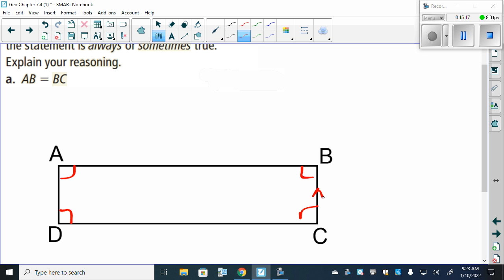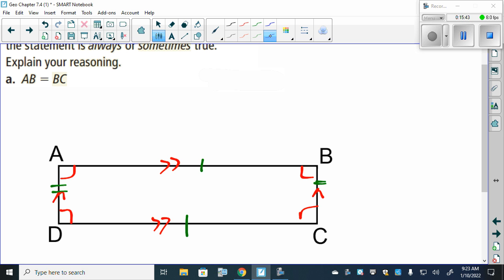So that means we have two sets of parallel sides, different color because we're getting a little scrunched on the sides, and we also know that the opposite sides are congruent. So this is just by definition of it being a parallelogram and it being a rectangle.